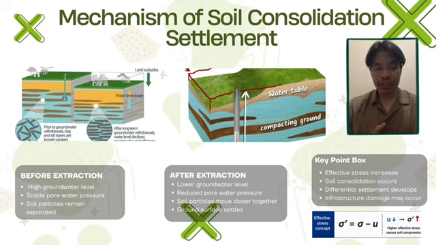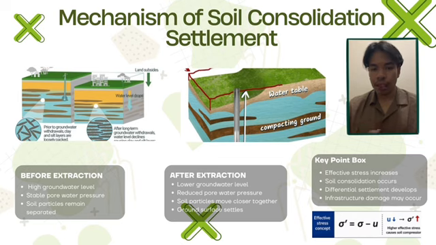This slide shows the mechanism of soil consolidation settlement. Before groundwater extraction, the groundwater level and pore water pressure remain stable. After excessive groundwater extraction, the groundwater level drops and pore water pressure decreases. This process can be explained using the effective stress equation. In geotechnical engineering, effective stress is equal to total stress minus pore water pressure.